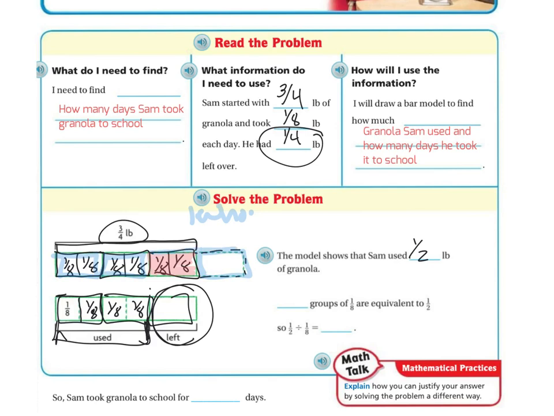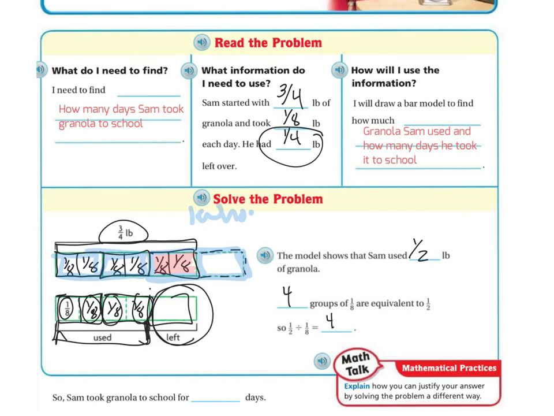So he's only used 1/2 of the pound, because I have 4 groups of 1/8: 1, 2, 3, 4 groups of 1/8 is equivalent to 1/2. So 1/2 divided by 1/8 is 4.